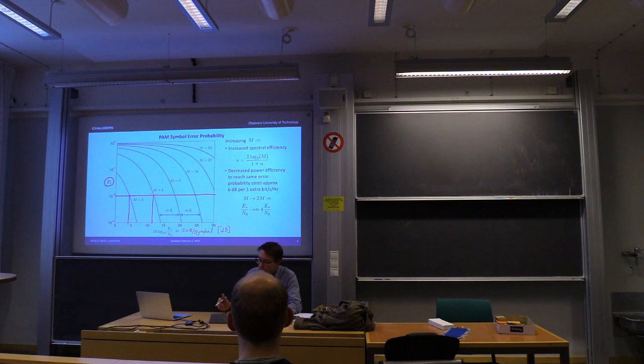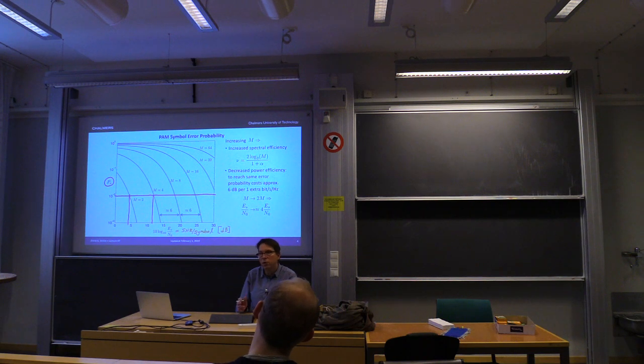Right. As a matter of fact, of course we would like this to be as far to the left as possible, because that means we can have a smaller transmit power, which means that we save battery at the transmitter if that is important, or otherwise we transmit less energy, which is always good: less heat in the transmitters and so forth.